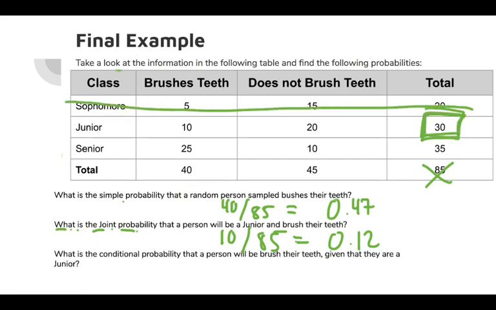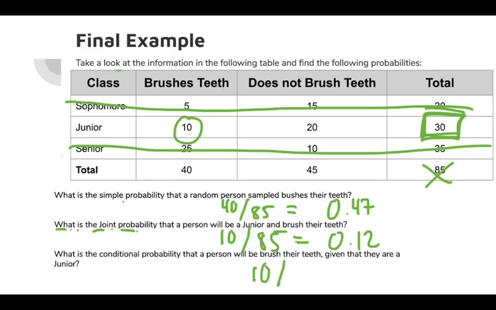The sophomores and the seniors don't exist anymore because I've conditioned this probability on the fact that the individual is already a junior. And so now I have 10 teeth brushers. So 10, given that they're a junior, is going to be 0.33 or 33%. You have a 33% chance that someone will be brushing their teeth given that they are a junior.